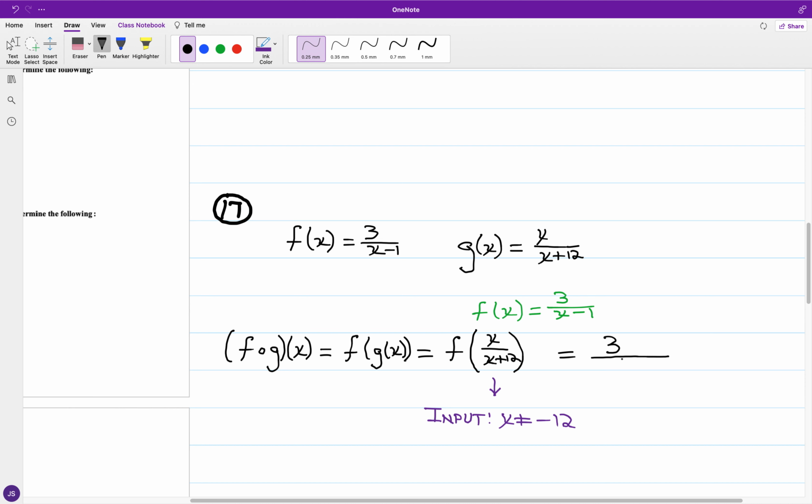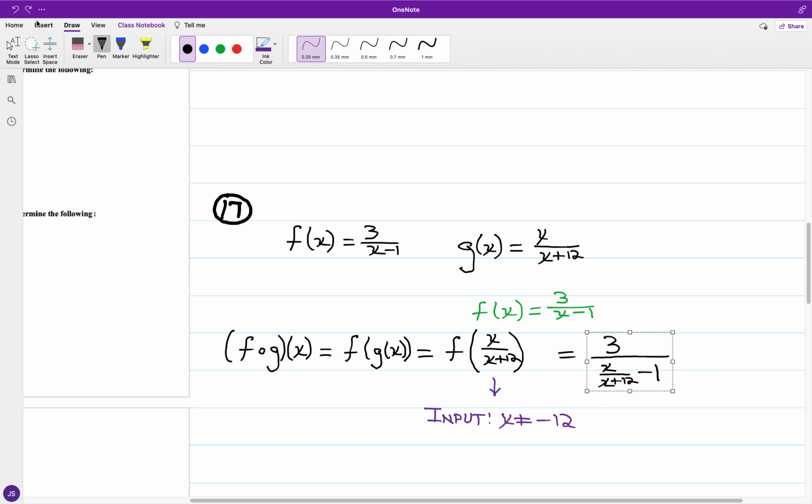We have a complex fraction here: 3 all over x over x plus 12 minus 1. We can take care of the fraction within the fraction by multiplying the numerator and denominator by 1 in the form of this denominator all over itself.